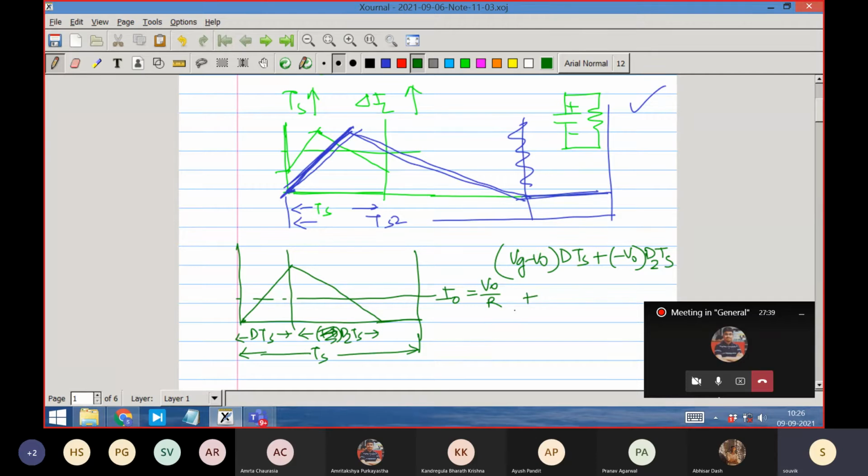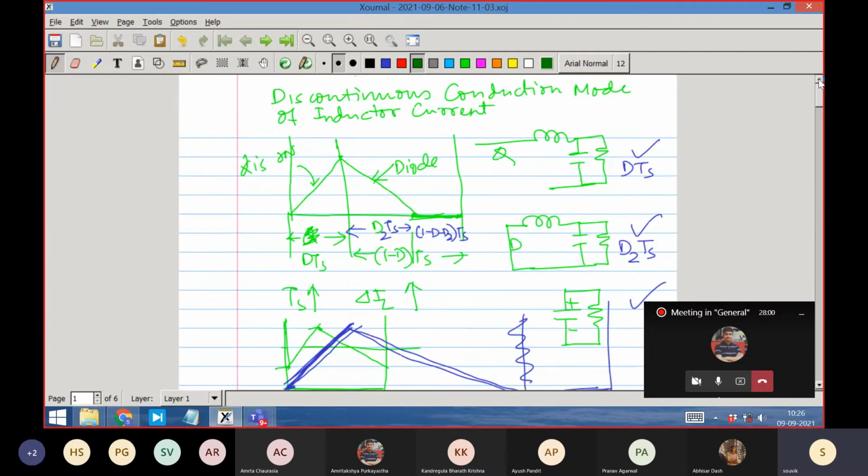Can anybody say, when there is a discontinuity in the current, current is 0, what is the voltage across the inductor? In this state, what is the voltage? No, try again. In this state, what is the voltage across the inductor? That means the inductor is now floating.